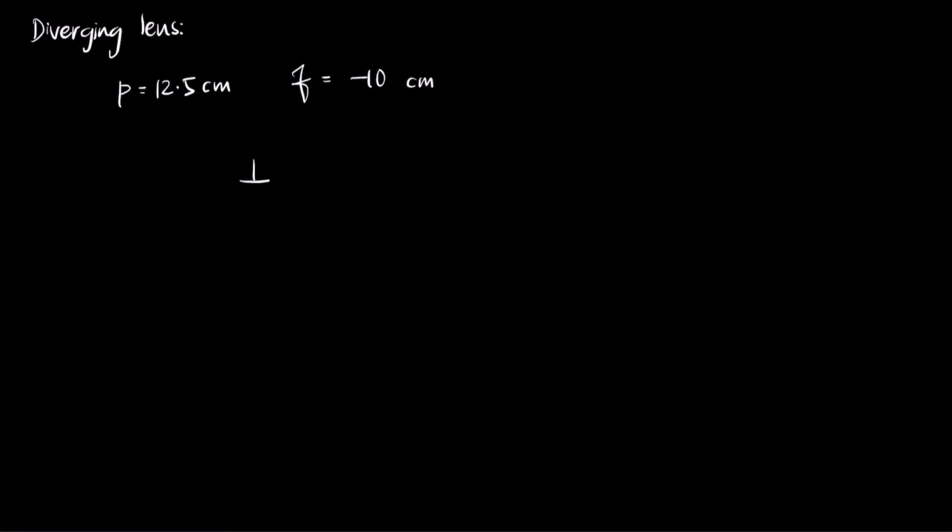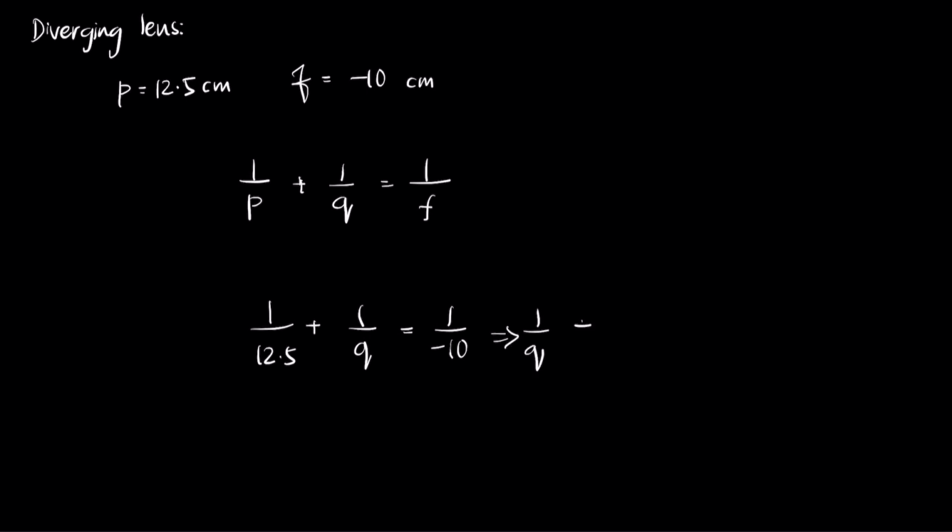So again the formula is 1 by p plus 1 by q is equal to 1 by negative 10. So 1 by 12.5 plus 1 by q is equal to 1 by negative 10. So we know that 1 by q becomes 1 by negative 10 minus 1 by 12.5.